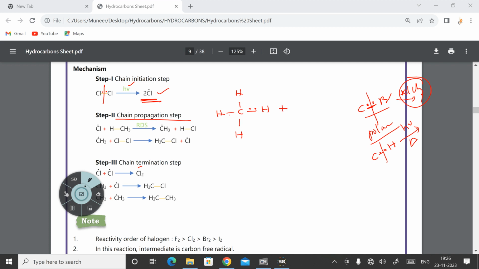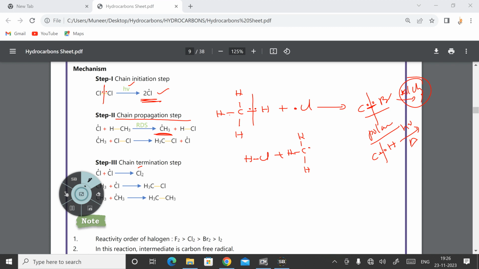Now see here, when a Cl free radical comes closer to this methane, homolytic fission takes place and this Cl free radical and H free radical combine together and form an HCl bond, and a CH3 free radical is formed. CH3 free radical. Okay, so this is what you call chain propagation reaction.